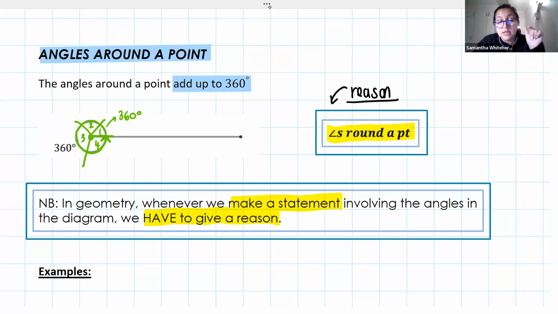The second reason why, actually it's probably the third reason, I know I can't count tonight. The next reason why the reason is so important is because as you move up in maths, as you get to grade 10, 11, and grade 12, especially if you want to do maths, they start making an assumption that you know these reasons and you can apply them.